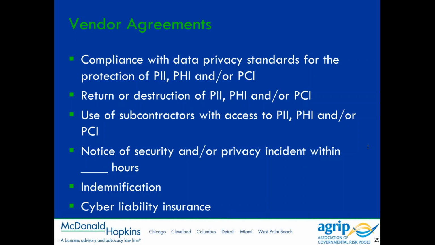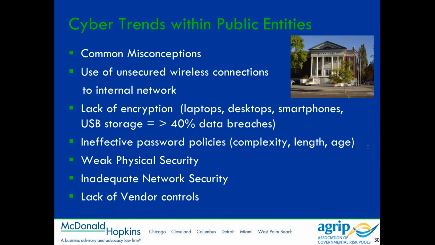Oftentimes, we can't argue and say, well, our clock starts now. We have another 30 days. We assume their timeline as they are often considered our agents. So it's important that you have a contractual provision in your agreement that requires them and obligates them to let you know of a security incident within so many hours and days.